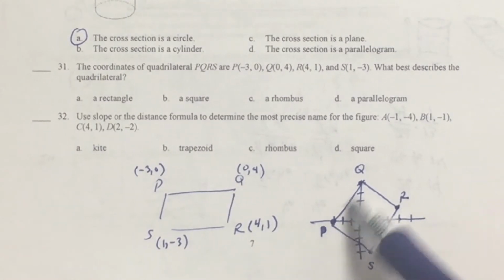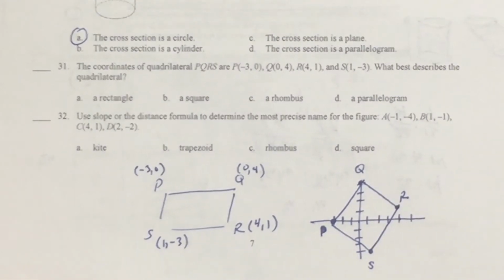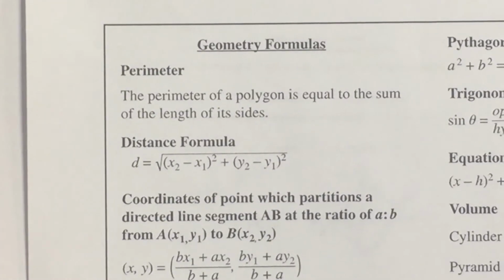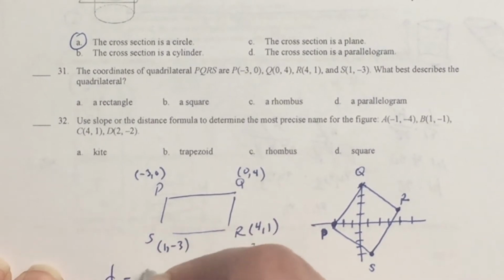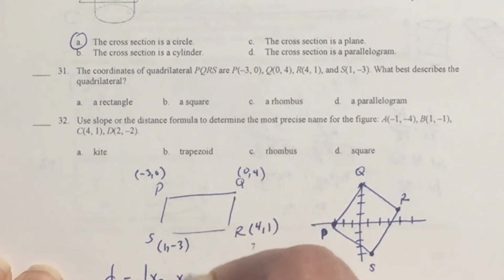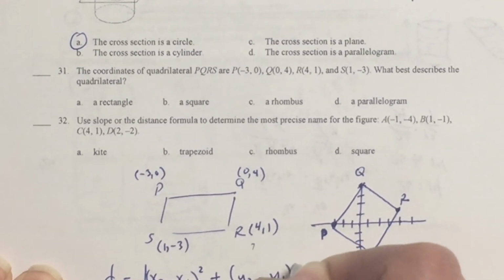Let's check the distances all around. Distance formula. Write it down. The distance is square root of x2 minus x1 squared plus y2 minus y1 squared.